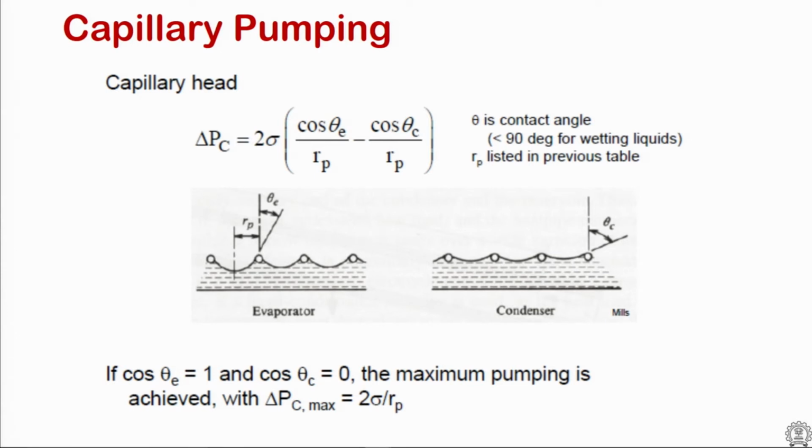So, in order to achieve the maximum possible capillary head, one would like to have cos theta C equal to 0 and cos theta E equal to 1. If that is so, then one can achieve the highest possible capillary head. This can be achieved in many ways, or one can try to achieve this by modulating the wick structures.